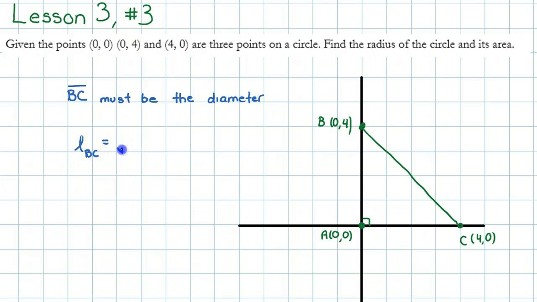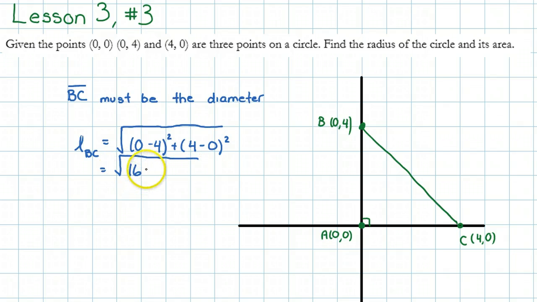So the length of BC is the square root of (0 minus 4) squared plus (4 minus 0) squared, which is equal to the square root of 16 plus 16, which is equal to the square root of 32.